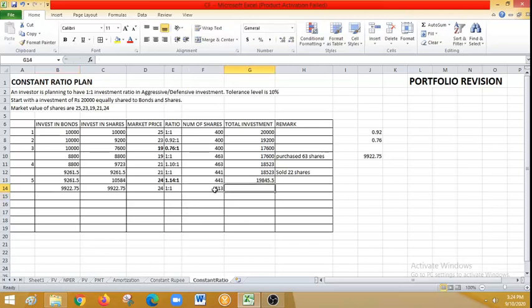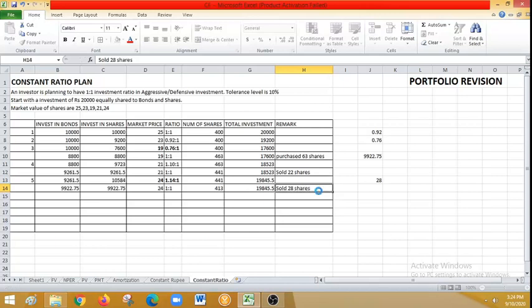Okay, fine. Just see here, now the number of shares I am holding is down from 441 to 413. So I have sold 28 shares.